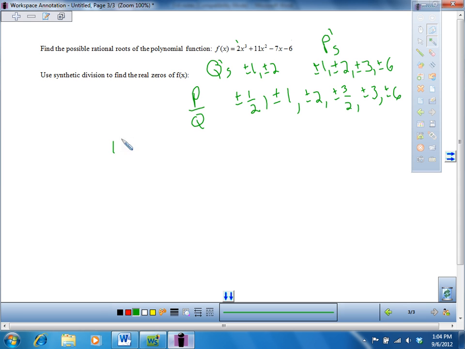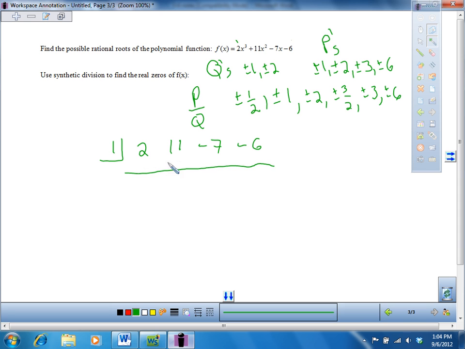So I'm going to put 1 out here, because I always try 1 because a lot of times 1 just works out. Then I put the coefficients in order. And if I had no x term, I would have to write a 0x there, and if I had no constant term, I have to write a 0 there. And then I go like this.